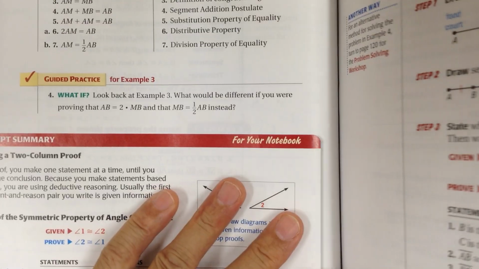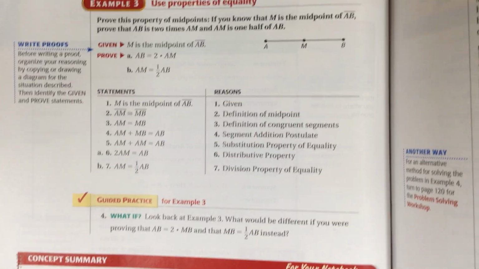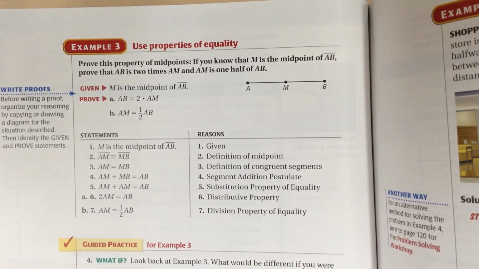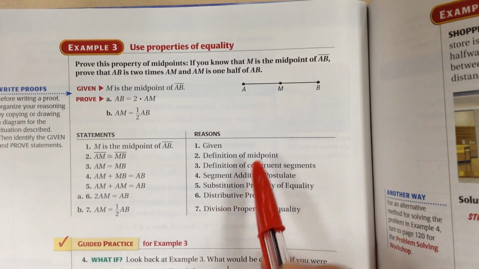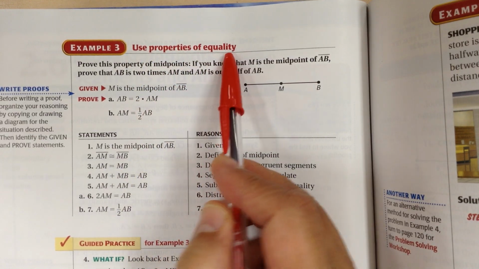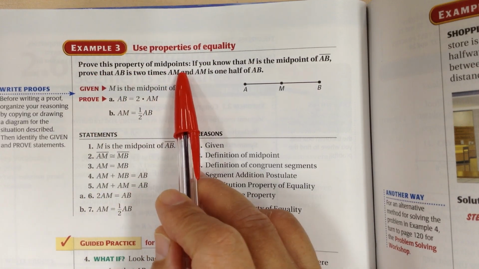Okay, let's go to example 3. On page 114, example 3. Use properties of equality. It says, prove this property of a midpoint.